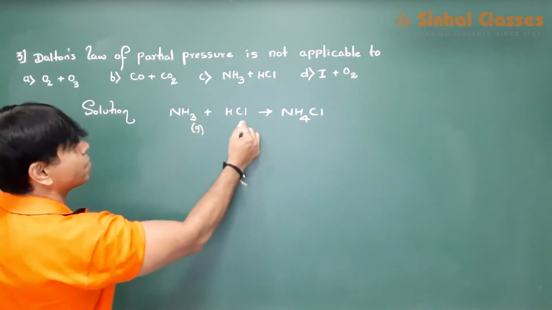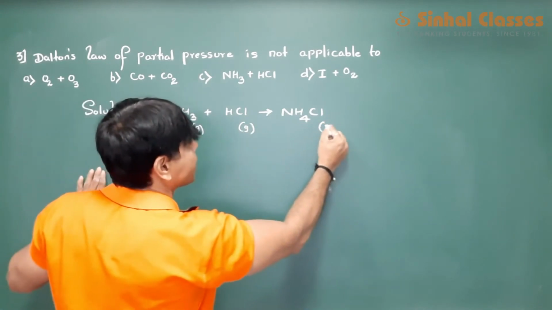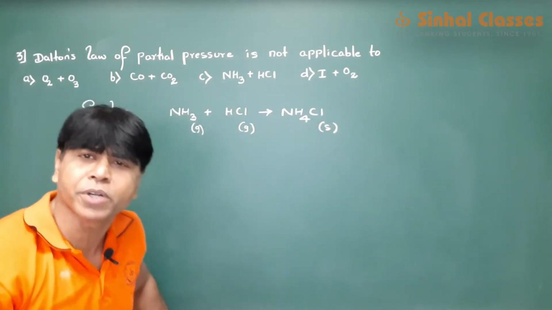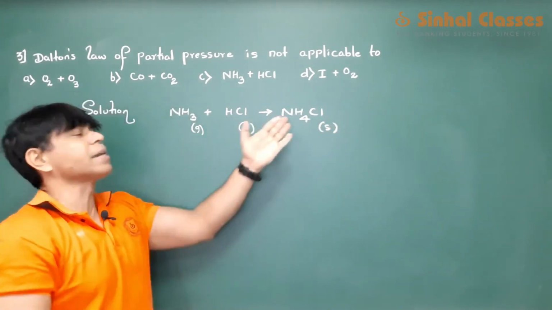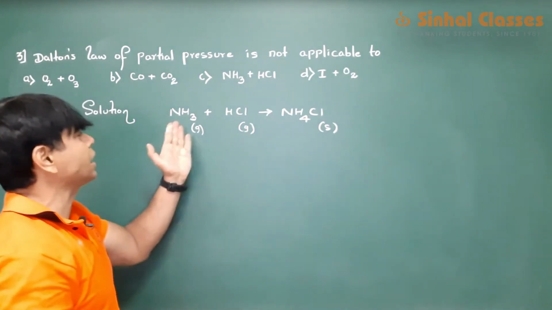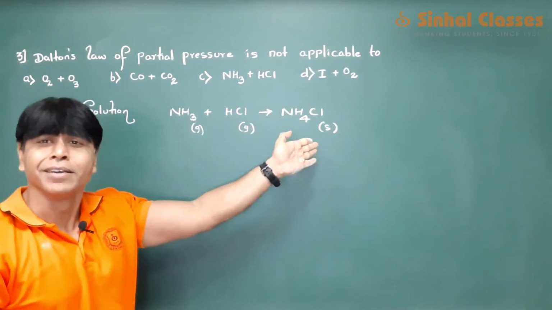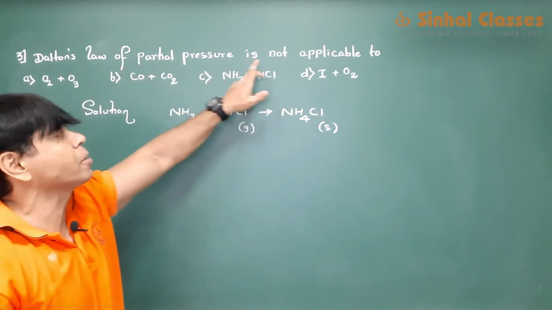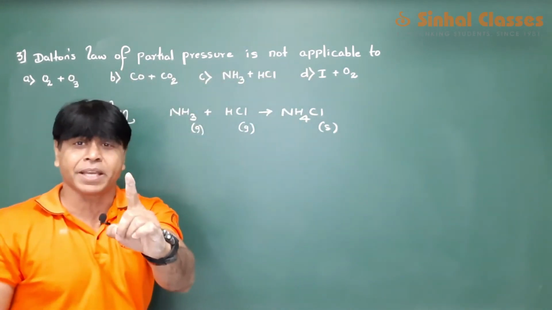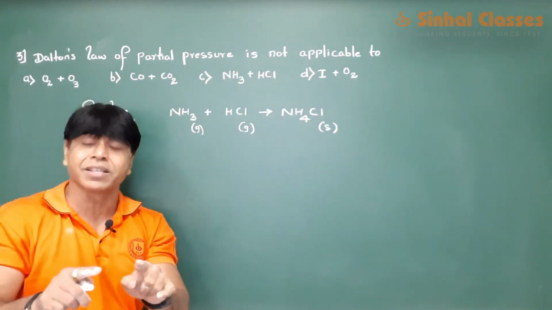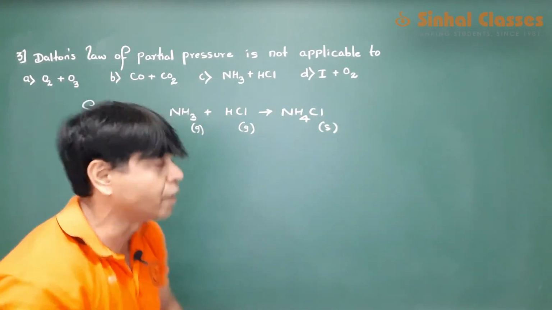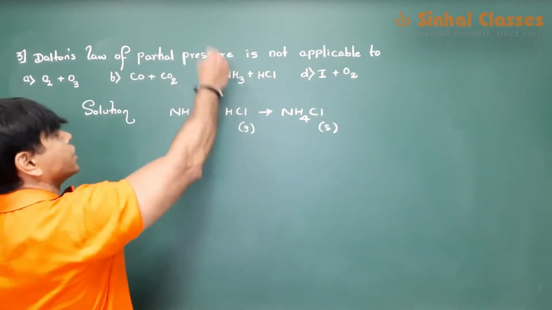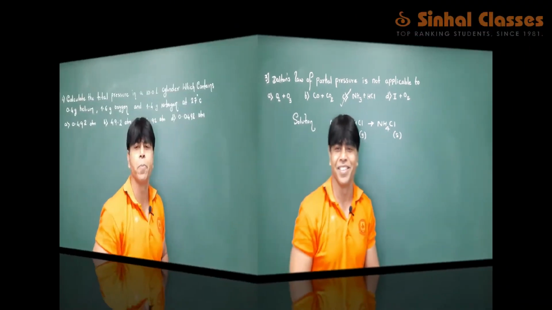Ammonia gas combined with HCl gas giving you solid ammonium chloride, which undergoes sublimation. So these are the two gases which are reacting. So Dalton law of partial pressure is not applicable for those gases which are reacting among themselves. So your answer for this question is C.